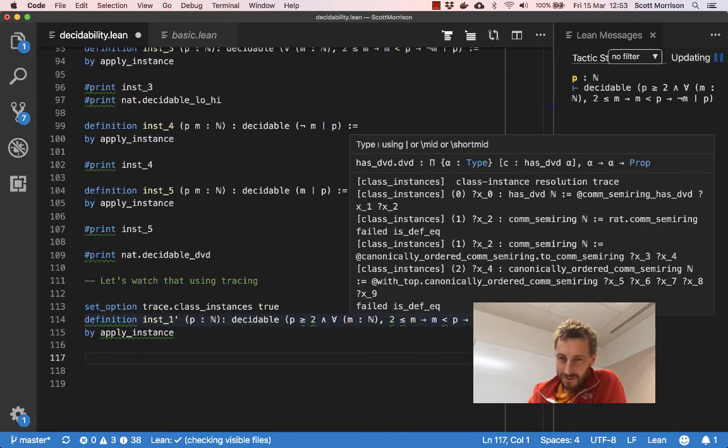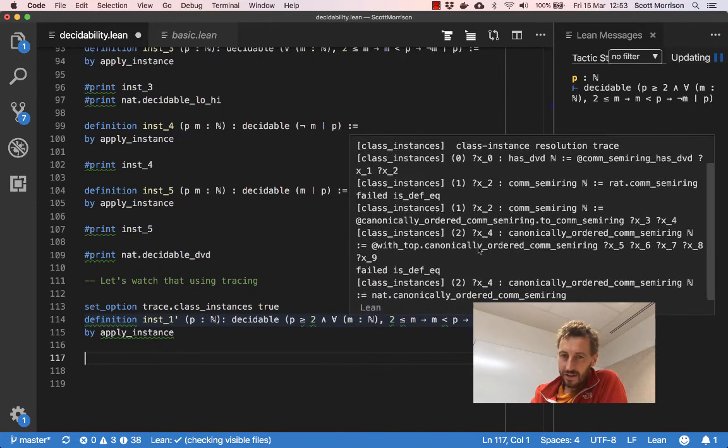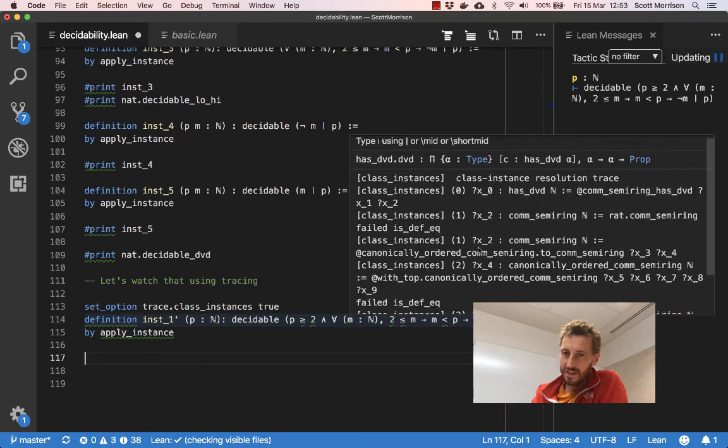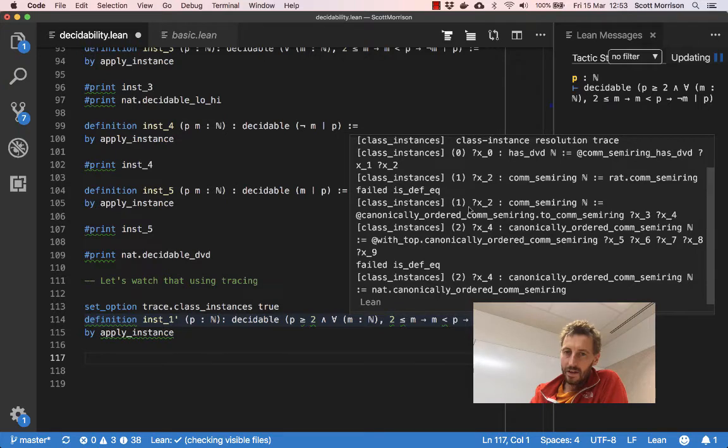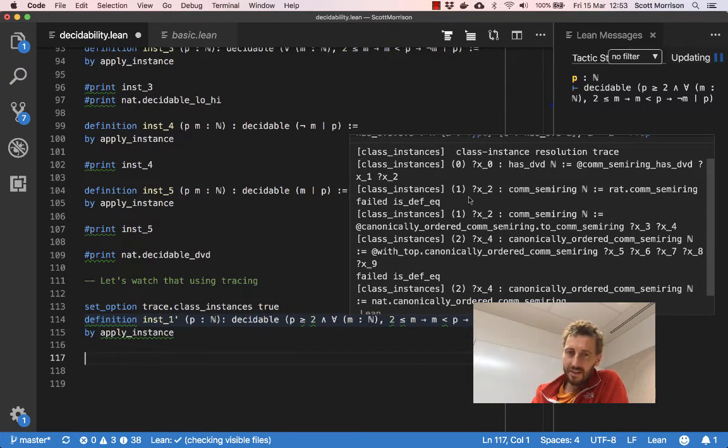If we hover over this one, it's saying that it's gone looking for an instance of has_div for the natural numbers. And you can scroll down here and find how it did that. Reading these traces is a little bit confusing, but the first number is the depth, and it's doing a very naive depth-first search of some tree of possible instances.